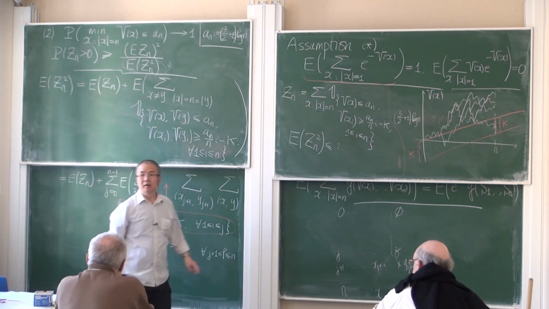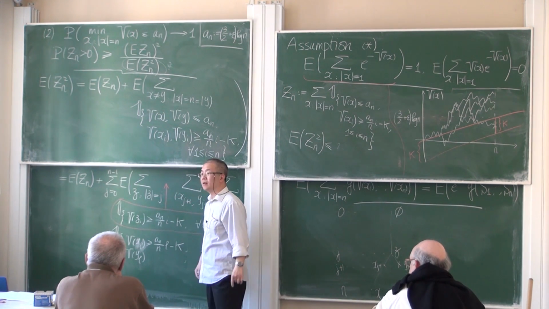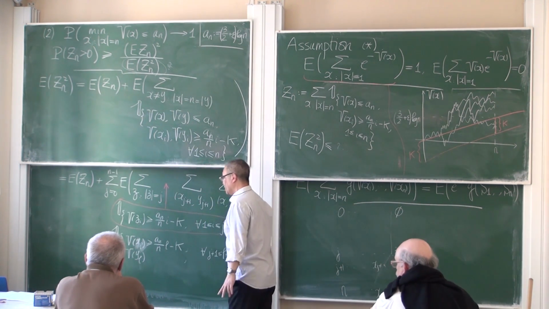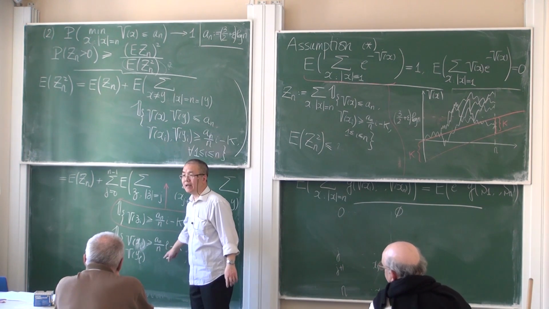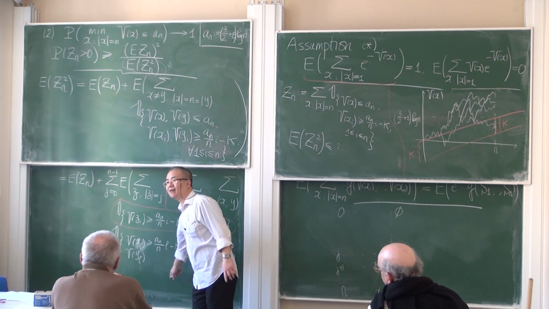Where is the condition that V of z is less than or equal to a_n? Good point. I haven't written it yet, which I should add now.